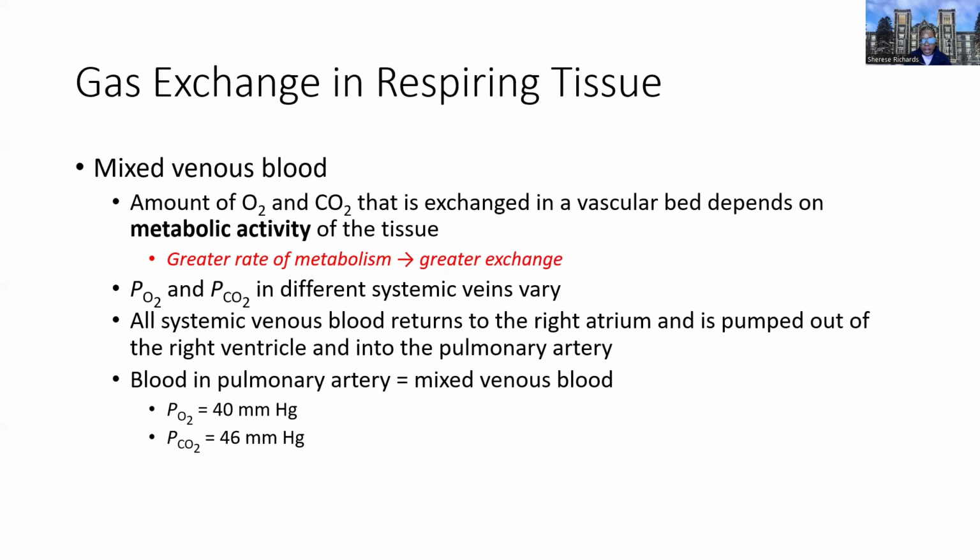So we're going to find oxygen and CO2, both with their differing partial pressures, mixed in that pulmonary artery, which is in that venous blood that's going back towards the lungs. So again, the partial pressure of oxygen being 40, same as it was in the capillaries, so there's no longer diffusion. Partial pressure of CO2 being 46, again, same as it was in the capillaries, so there's no longer diffusion in the mixed venous blood here.